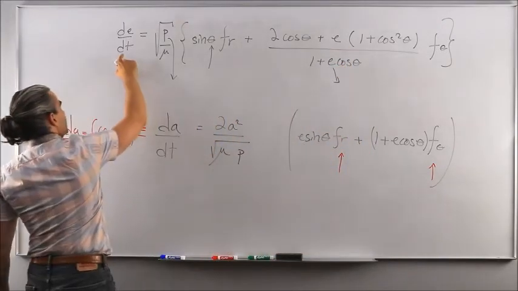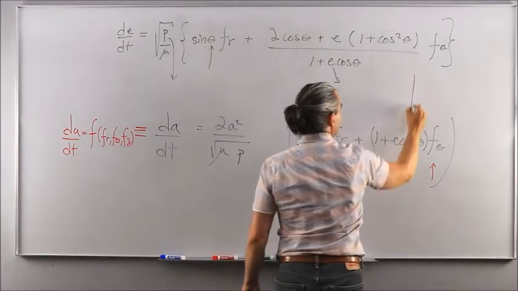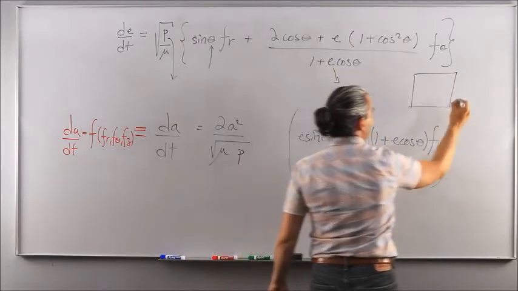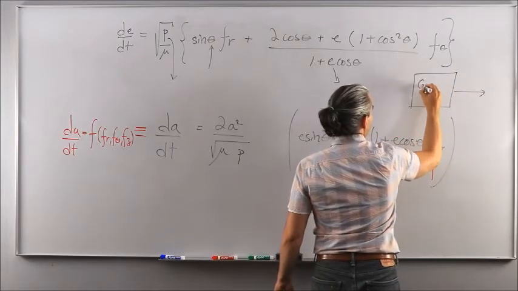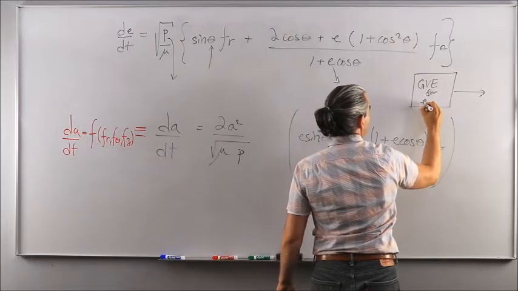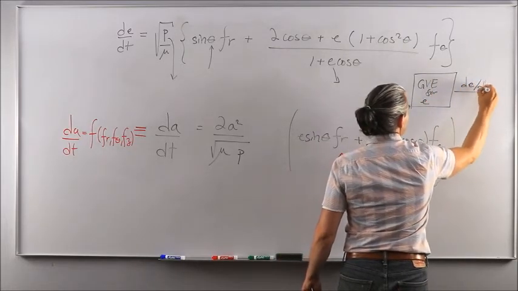So the rate of change in eccentricity depends on the eccentricity. That is just to say that in MATLAB Simulink, if you want to simulate the behavior of the eccentricity as a function of time, you would get the Gauss variational equation for eccentricity, which calculates the de/dt.